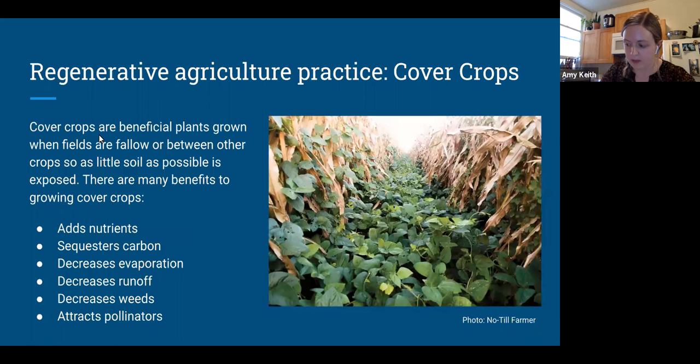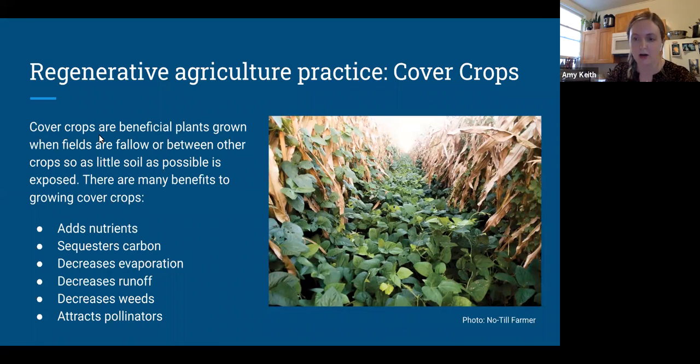Another important principle of regenerative agriculture is the use of cover crops. Cover crops are beneficial plants that are grown between primary crops and on inactive fields. The idea here is to have as little soil exposed as possible. Often, cover crops are chosen for a specific purpose, like to increase the nitrogen content of soil.